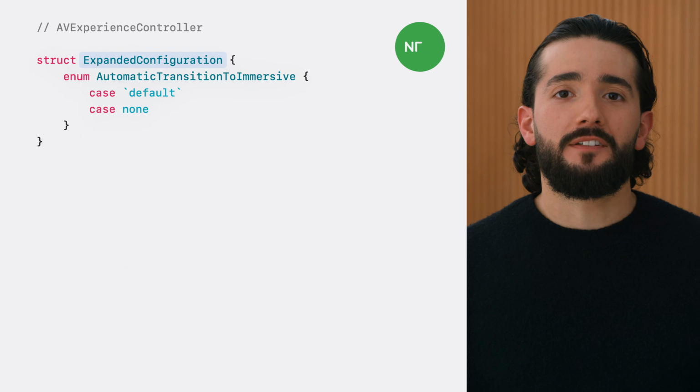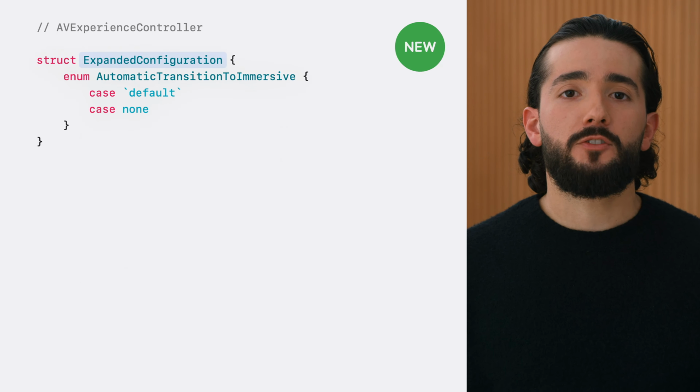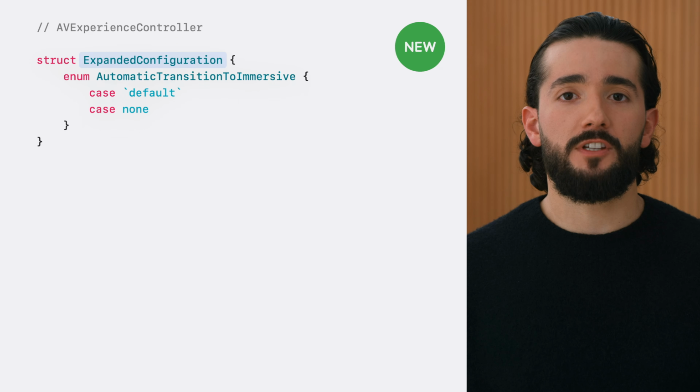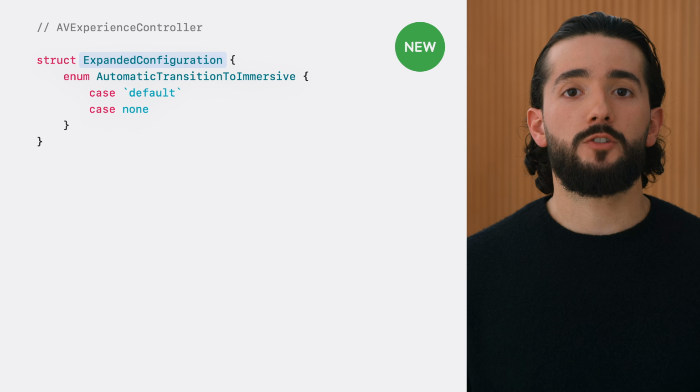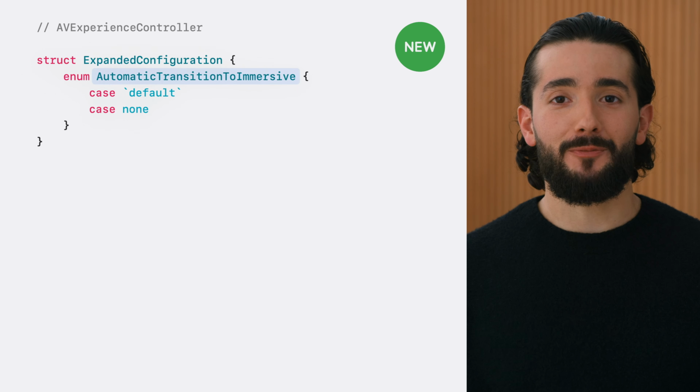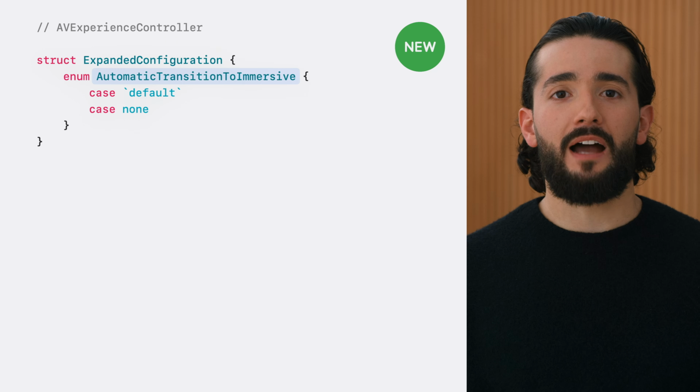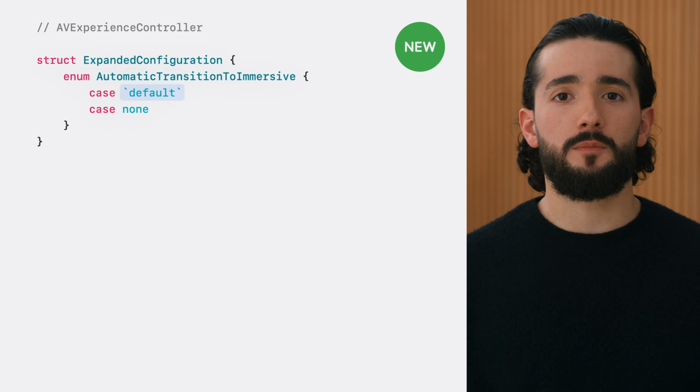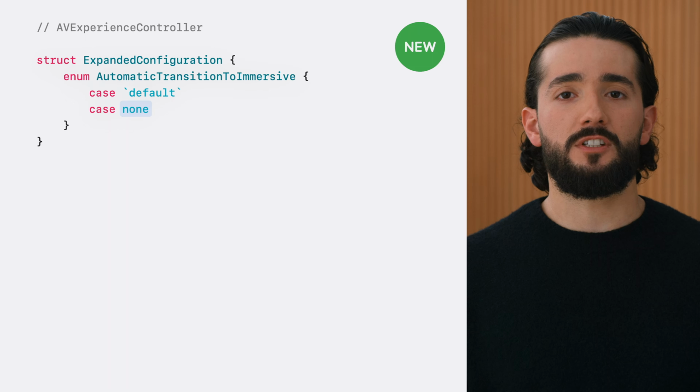New in the Expanded configuration, the automatic transition to immersive property is used to determine if automatic transitions to an immersive experience should be initiated. The automatic transition to immersive property can be set to a value of either default for when the system's default behavior is preferred, or none for when no automatic transitions are desired.